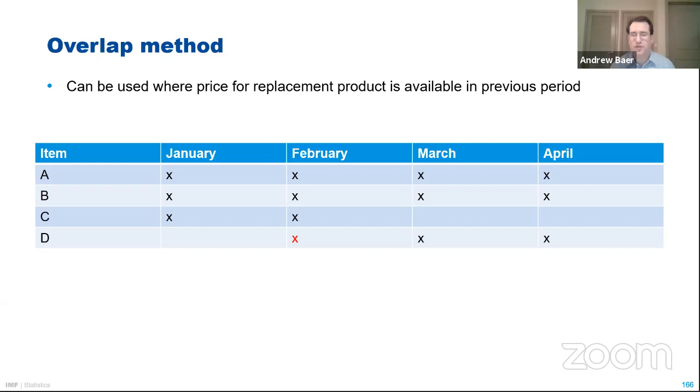So in this example, in March, maybe this company that produces item C says, now this product has improved. If the product improves, now we would call that product D. Anything that changes the quality of the product really makes it a new product.